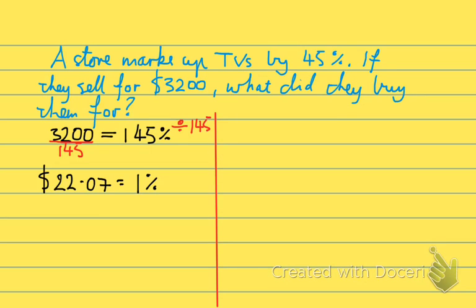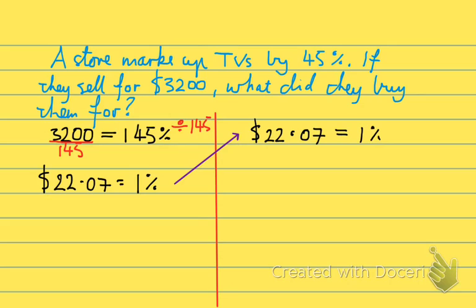Alrighty, that's there. So, next step, what do we do to find out the original price? We want to know what 100% of this TV was worth. So, we've got $22 and 7 cents is equal to 1%.